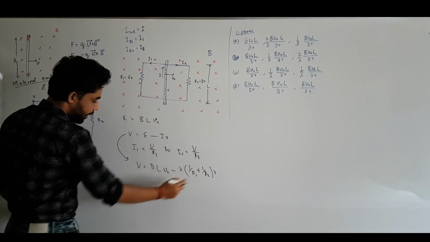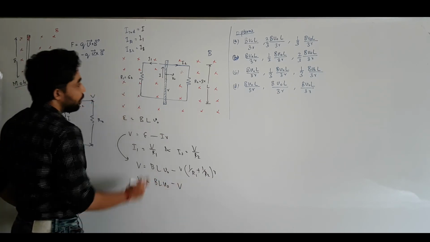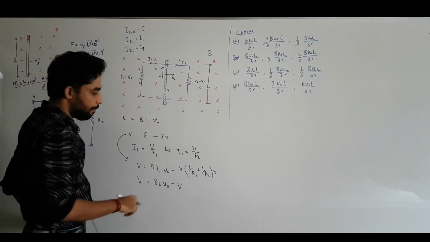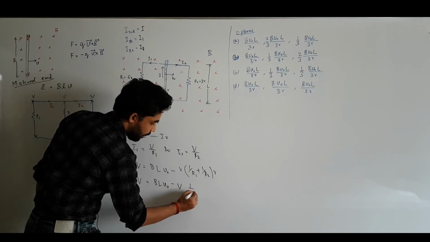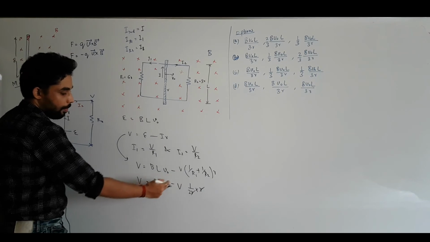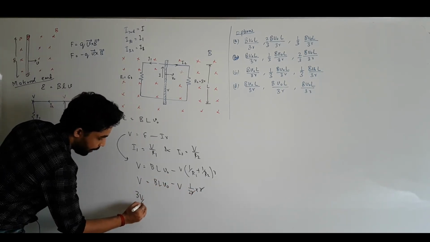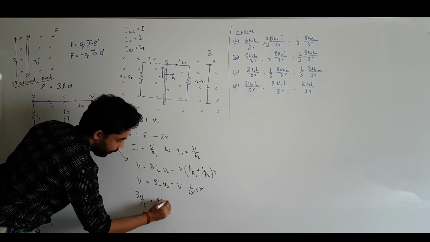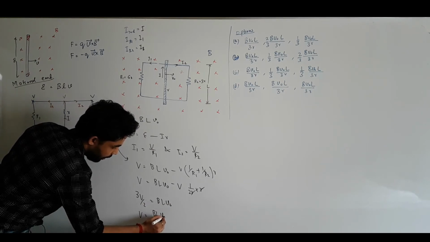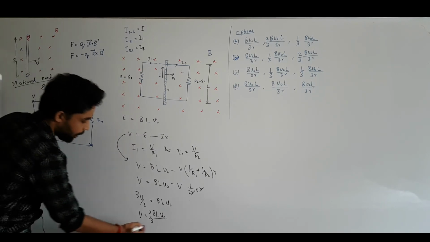Substituting that, V is equal to BL V naught minus V, and simplifying, I'll get 2R into R, and I can cancel this R and this R, so this will be minus V by 2. Taking it to this side and adding it with this V, I'll get 3V by 2 is equal to BL V naught, which means V is 2/3 of BL V naught. So I got the expression for V.